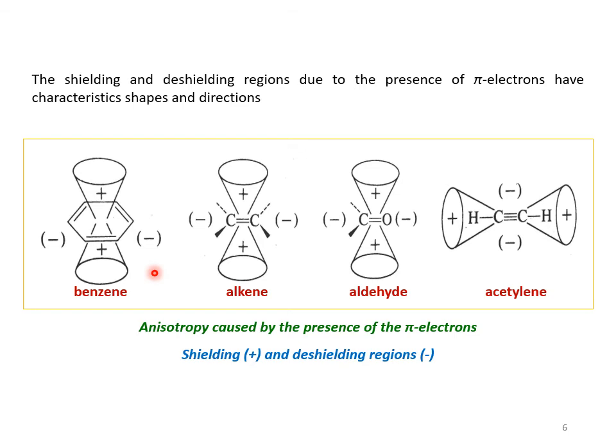So if the electronegativity of the atom bonded to the carbon is increased, the electron density around the proton in that vicinity decreases, as a result of which the proton is said to be de-shielded and shows resonance at higher delta values.